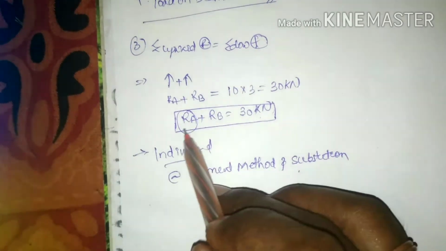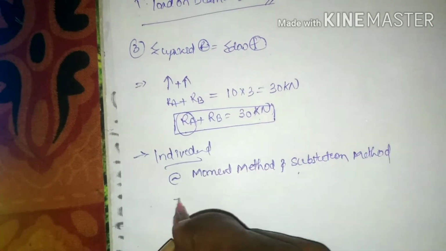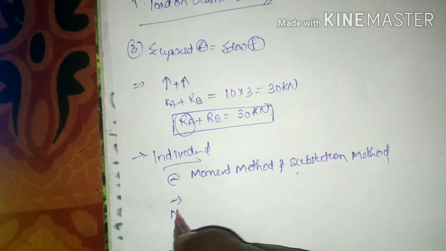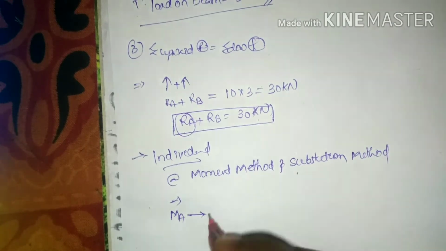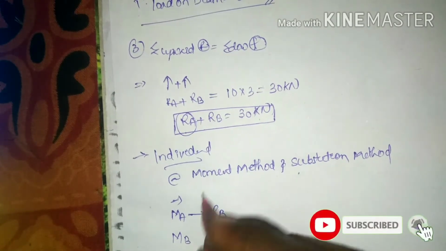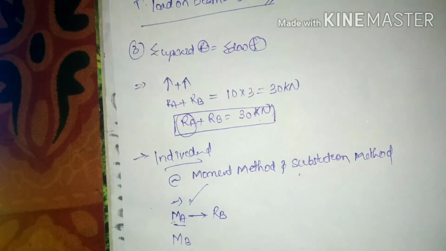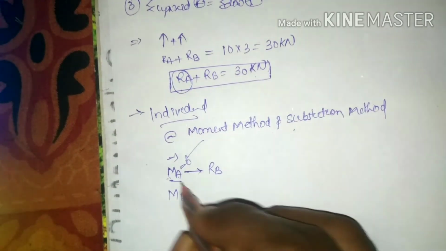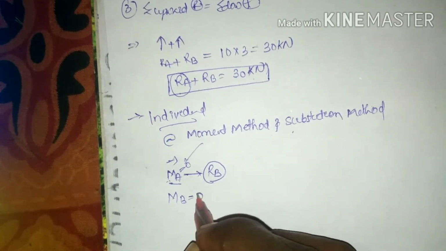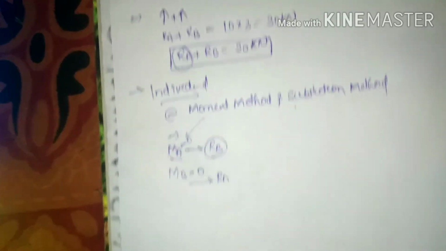If I take the moment about A equal to 0, I am going to find the RB reaction. If I take the moment about B equal to 0, I am going to find the reaction RA.